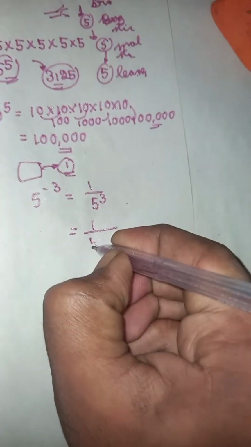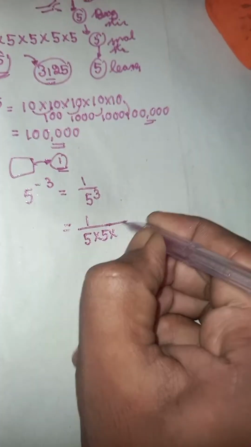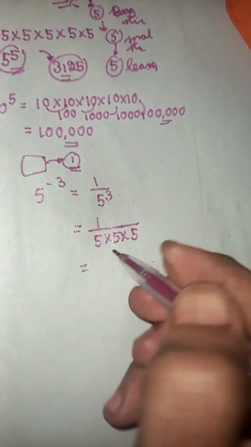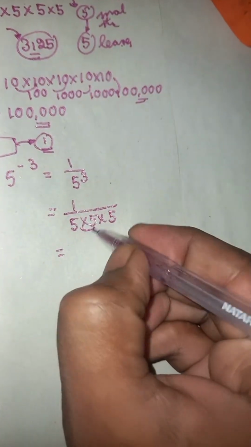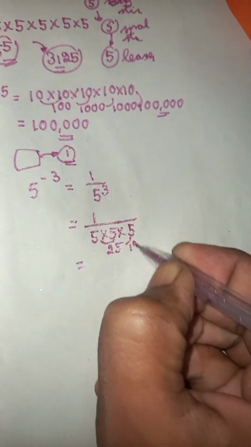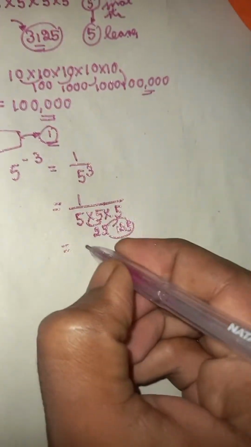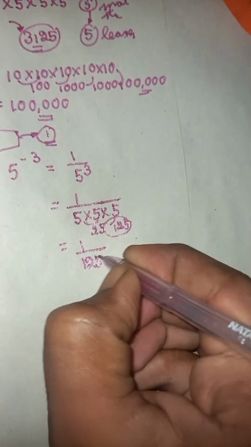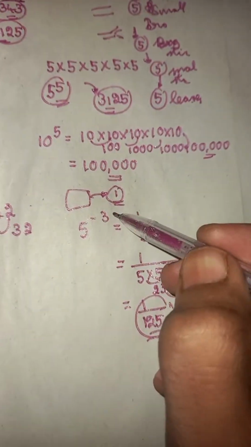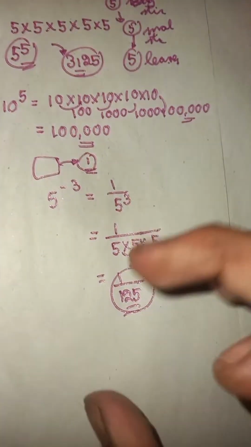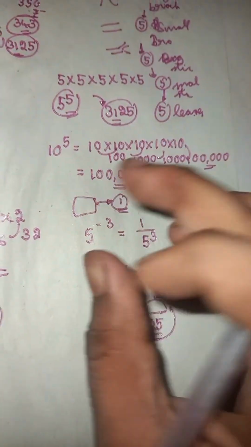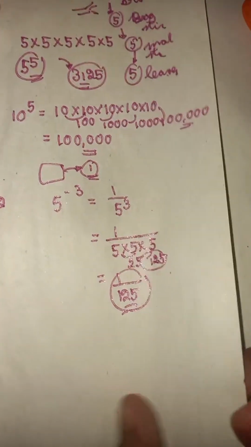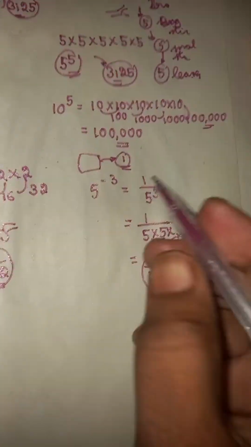That is 1 by 5 times 5 times 5. 5 times 5 is 25, 25 times 5 is 125. So it gives us 1 by 125. It is 5 to the power of minus 3. You divide the butter into 125 pieces and take just one piece of it, which becomes 1 by 125.